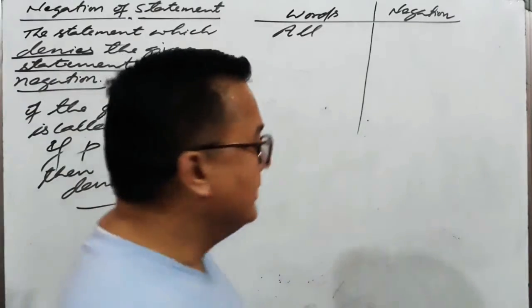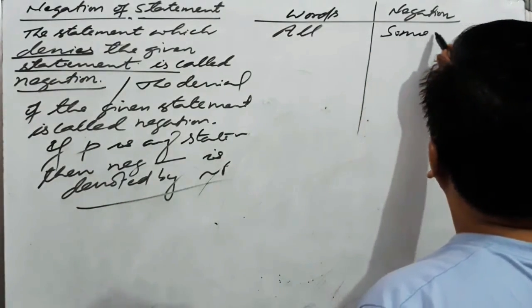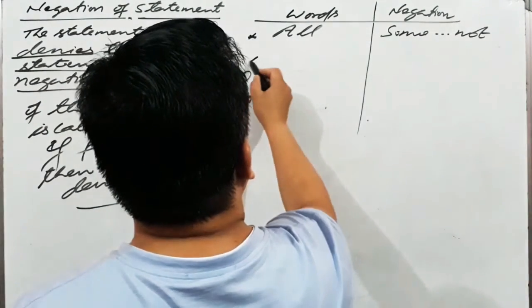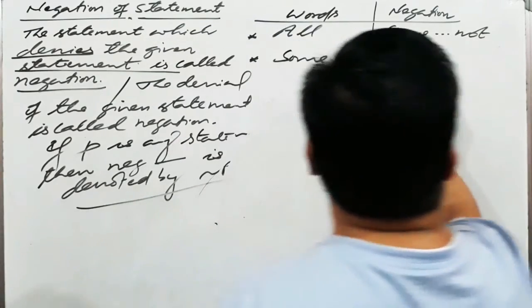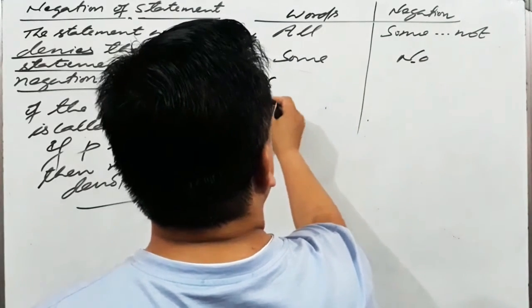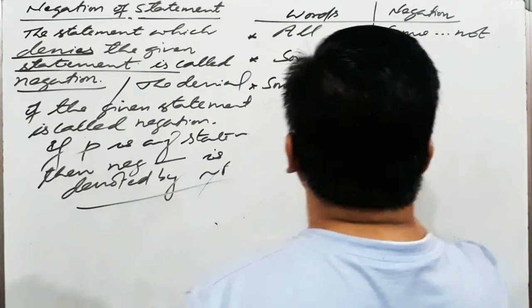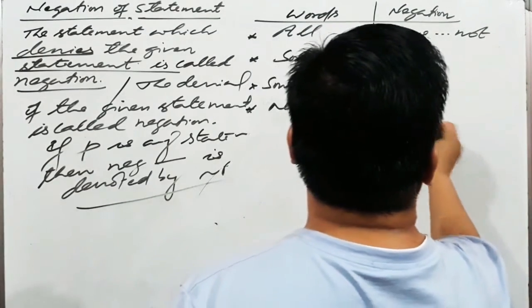That's not correct. The negation of all means some, not. And the negation of some means no, and vice versa: for some not, you can use all, and for no, you can use some.